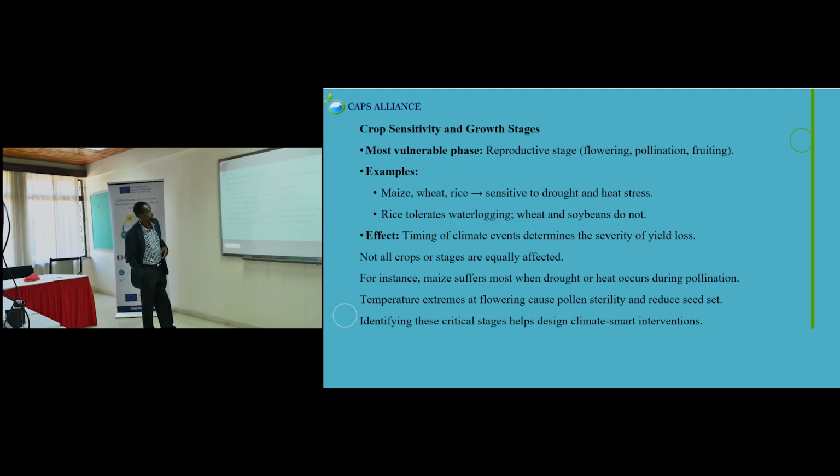Wheat and soybeans do not. Normally, rice are grown on, they call what? Paddies, where there is a lot of water. But wheat does not do that, because it leads to waterlogging and so forth. In fact, time of climate events determines the severity of the yield loss. If you time poorly when you are growing, then you may not get enough yields. Next.